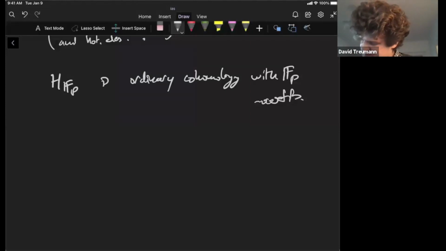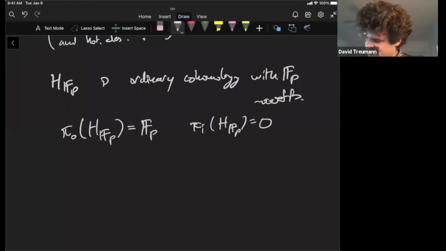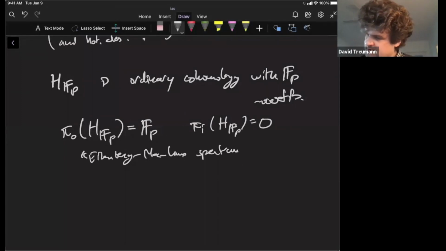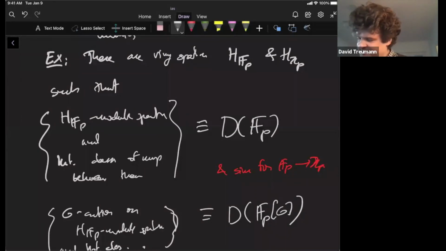This is some ring spectrum whose homotopy group is nonzero in degree 0, and every other homotopy group vanishes. It's the Eilenberg-MacLane spectrum. HF_p, HZ_p, other Eilenberg-MacLane spectra, they're not the only spectra whose category of modules is easy to understand.